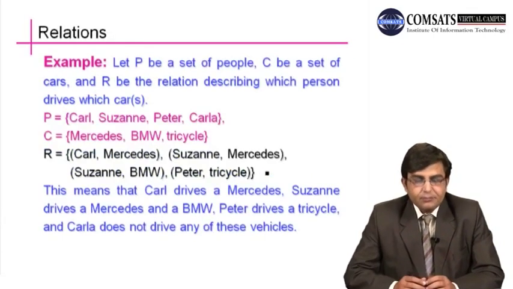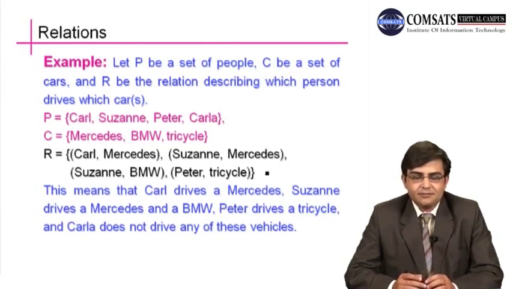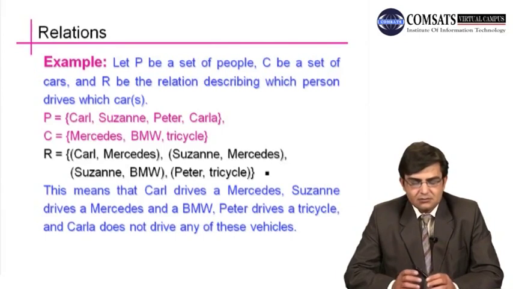So first of all, before giving the definition of relation, let's discuss an example. Let P be a set of people. We have two sets: P, a set of people, C, a set of cars, and R is the relation which describes that this person drives this car.